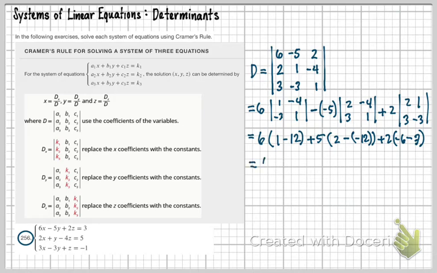And this is really going to result in 6 times -11 plus 5 times 14, and plus 2 times 9. It's not actually a 9 on the end here. It's actually a -9.